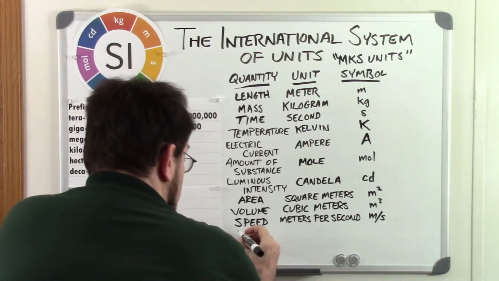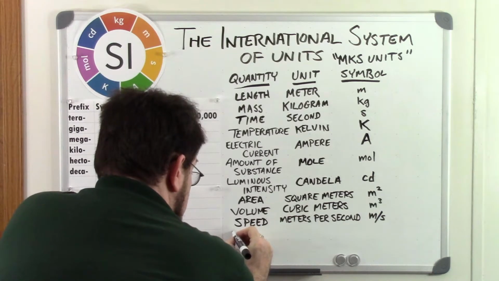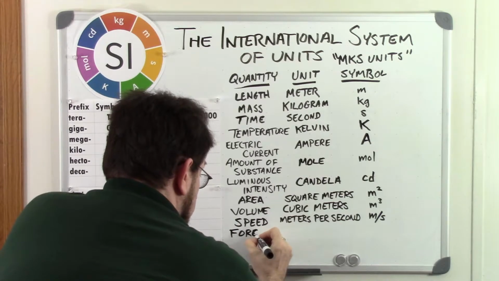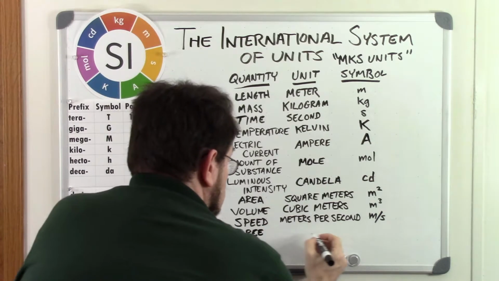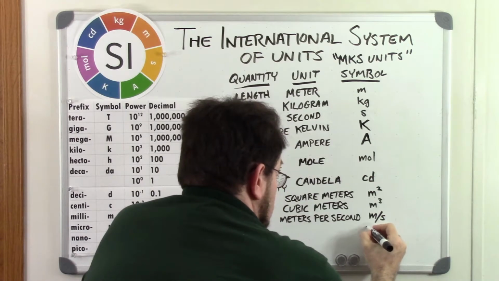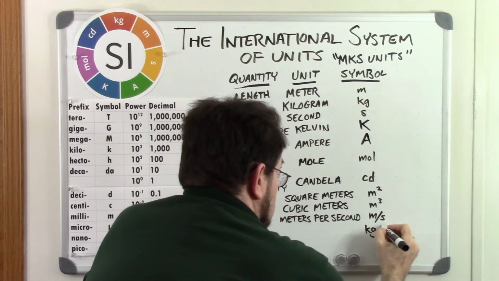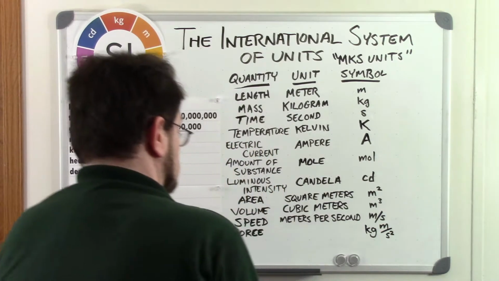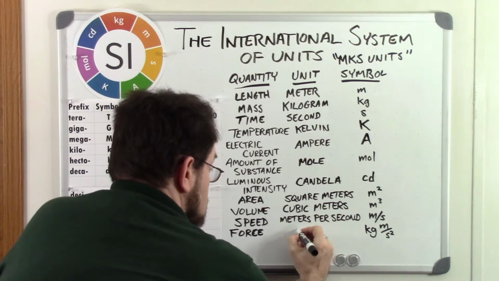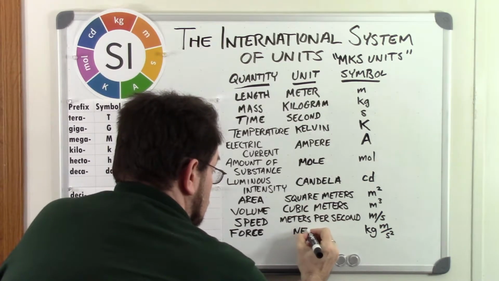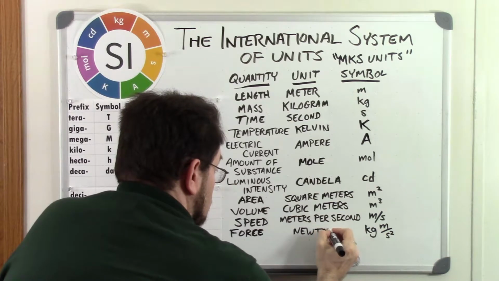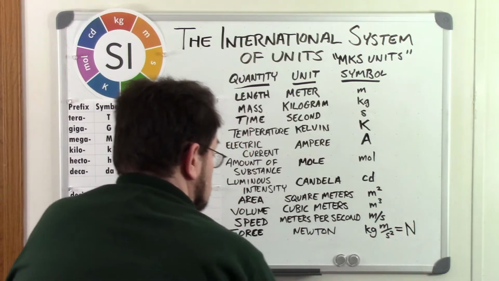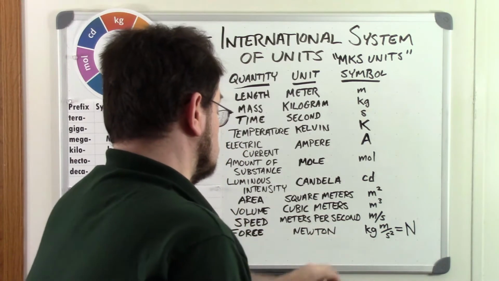Now, some things require a lot of base units to measure this way. For example, if we wanted to measure a force, force is what it takes to accelerate a certain mass to a certain speed in a certain amount of time, and the units work out to be kilograms times meters per second per second. Rather than write that whole thing out over and over, we use what's called a derived unit, the Newton. 1 Newton is defined as the force required to accelerate 1 kilogram of mass by a speed of 1 meter per second every second, so that all we have to write is a capital N instead of all those base units.